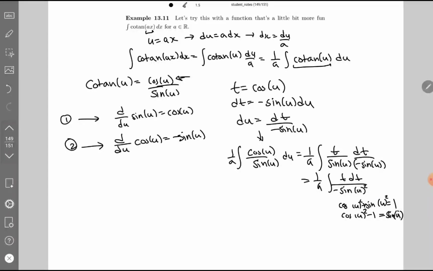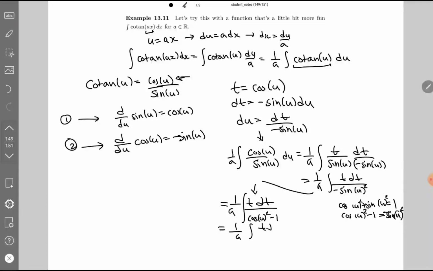I don't know why for squared we always put it there. It's stupid. Anyway, so what do we have? I can replace this, so it is equal to 1 over a, t dt over minus this. So we have cosine u squared minus 1. But here I know what cosine u is, right?